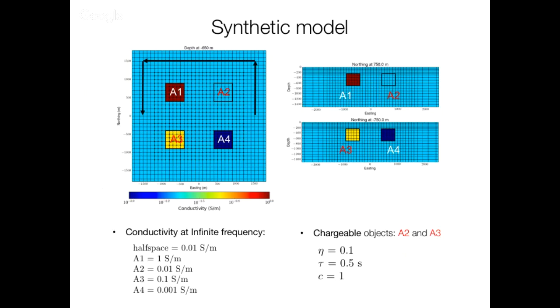The background half space is 0.01, so that's the same as A2. A4 is resistive, A1 is a big conductor, and A3 is a smaller conductor. Okay, so we're going to try to see how those affect the data. And here's a cross section through each of them. They're just blocks that are sitting there.